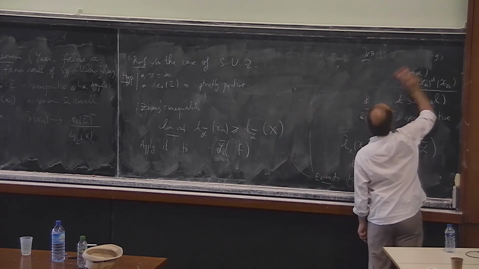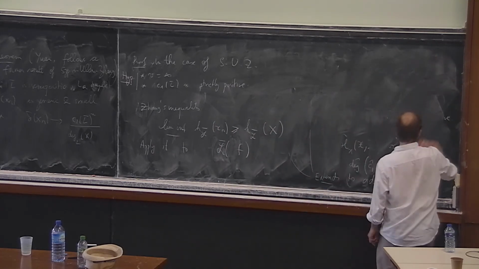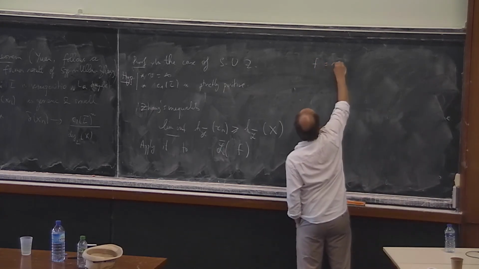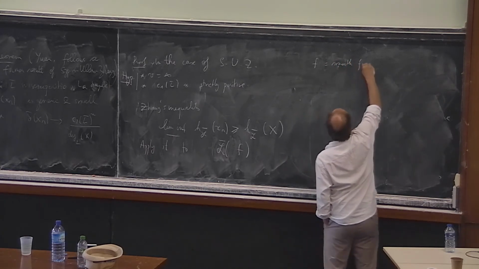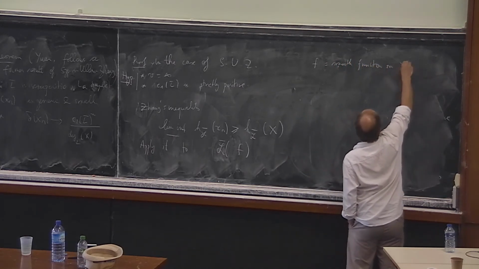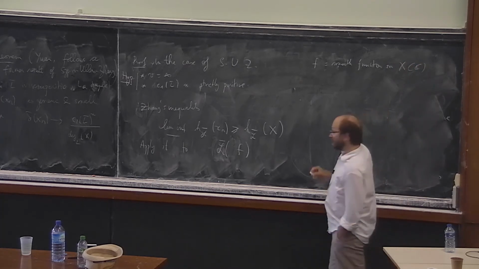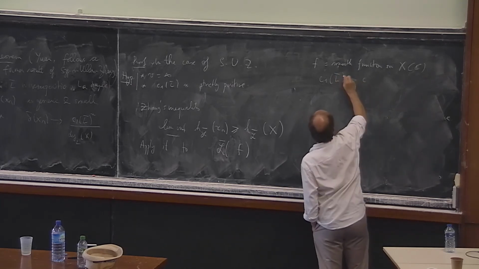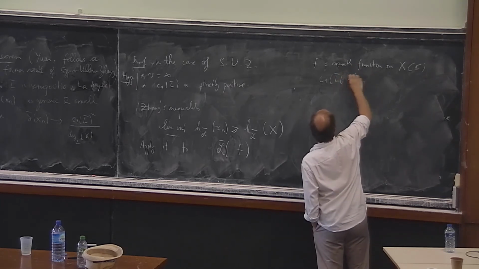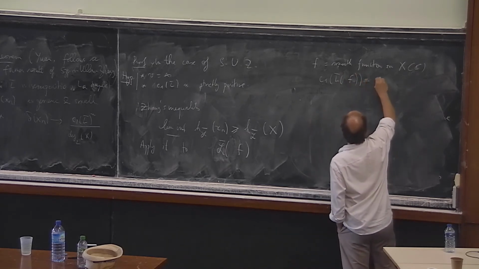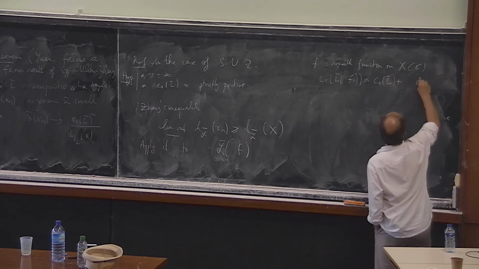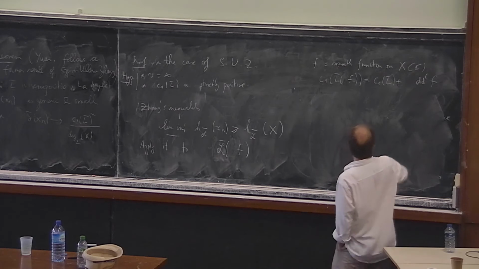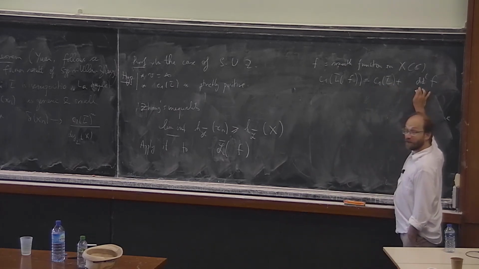Well, F is a smooth function on X of C. But what is the curvature of the twisted L bar? This will be c1 of L bar plus dd^c F. And this is strictly positive, and this is whatever it can be.